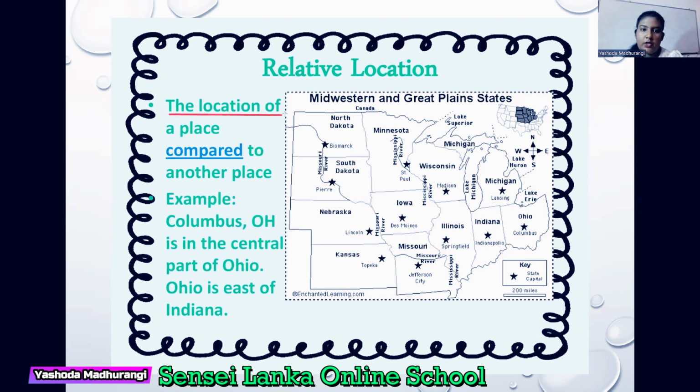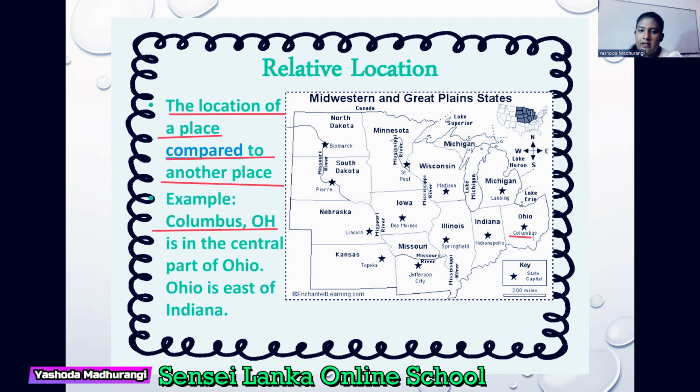The location of a place compared to another place, that is relative location. Example, if you want to find Columbus OH, you can look at this map and find it. Columbus, it is here.